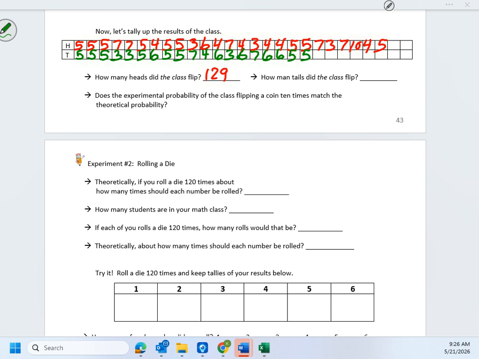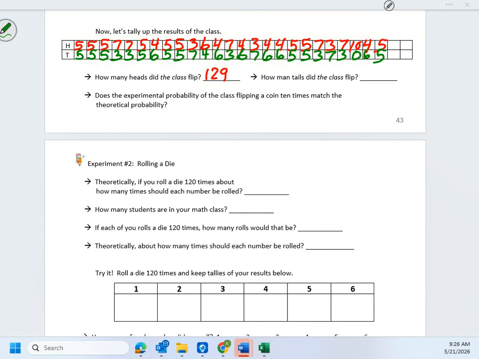Oh, 3. 6. 3. Michael, did you have 3 heads and only 6 tails? No. Oh, it's 7, sorry. Okay. Matt, I'm assuming 0? 5. And welcome, Maddie. You'll catch on to what we're doing.